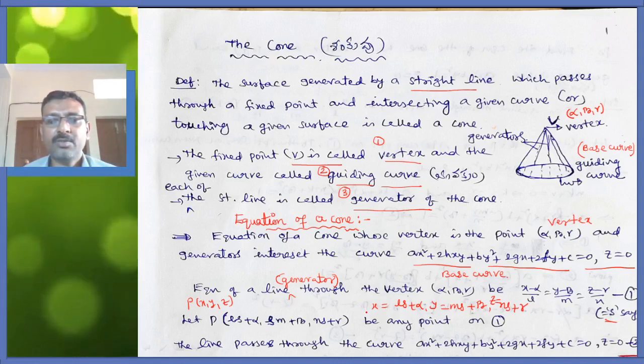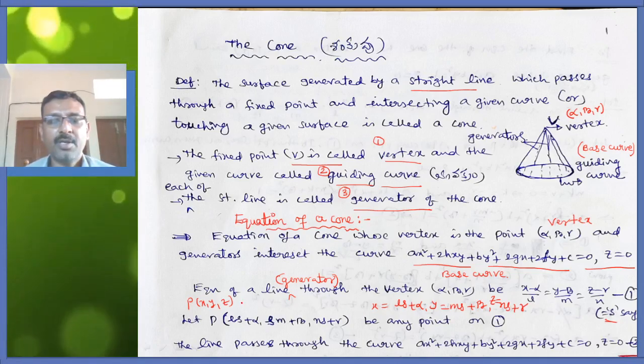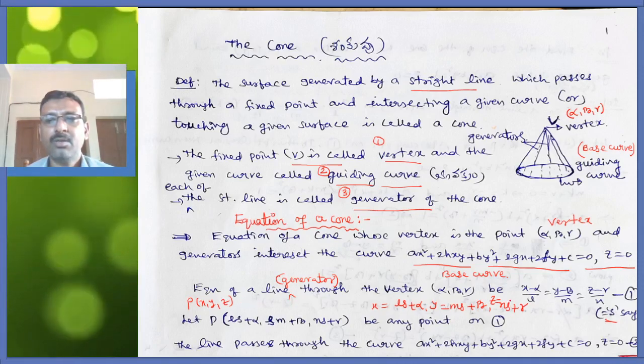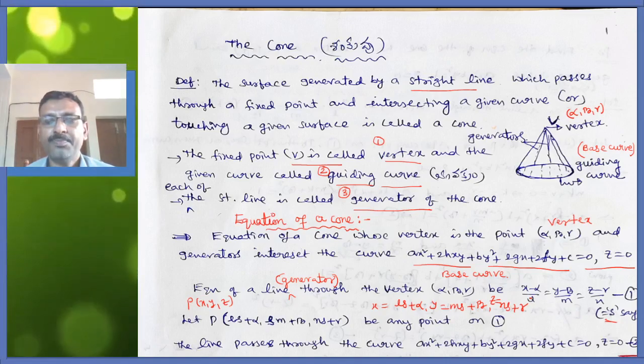For that we use some logical steps. Here P(x, y, z) is any point on the generators, or also any point on the given cone.